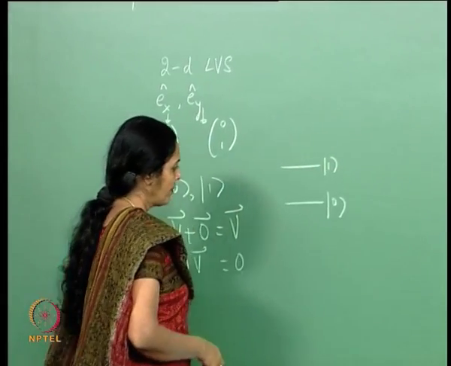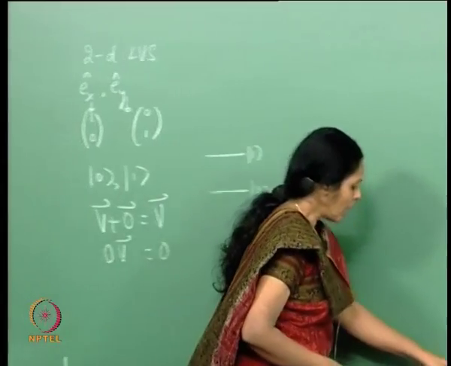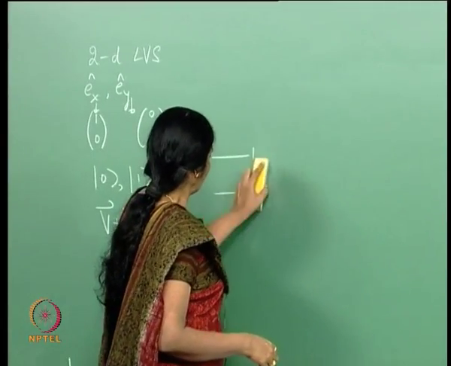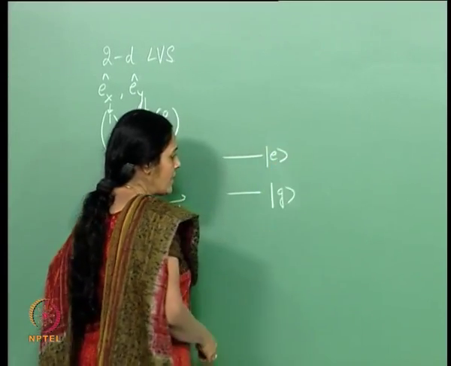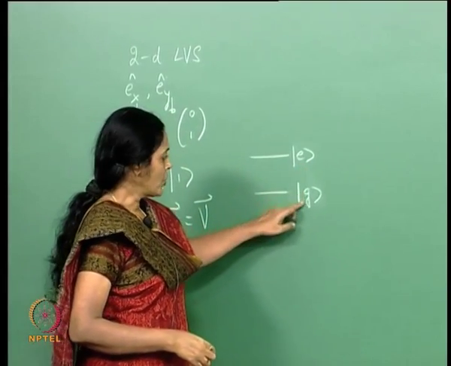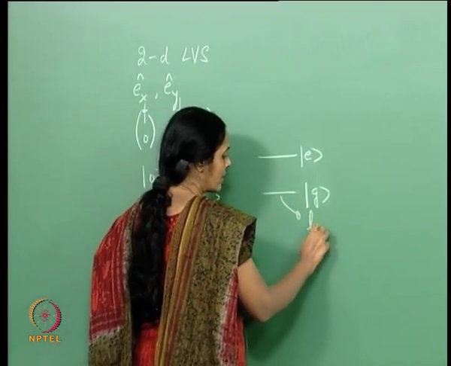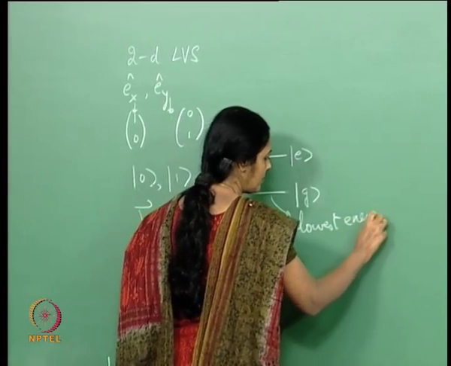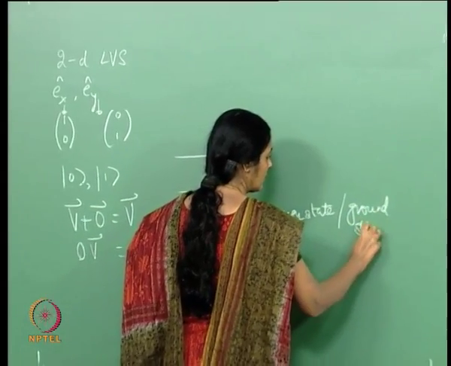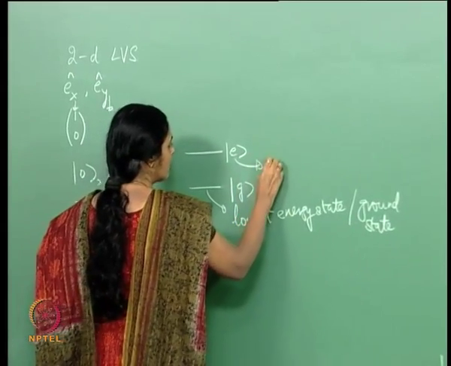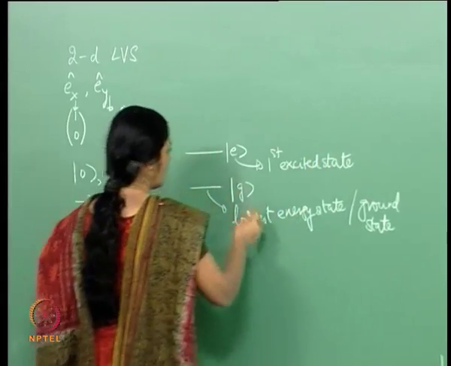I could refer to them as ket 0 and ket 1, or in the parlance of atomic physics, they are usually referred to as ket G and ket E. So, G and E are merely symbols denoting that this is the lowest energy state of the atom, or the ground state, and this is the first excited state of the atom, and that is why the symbol E.